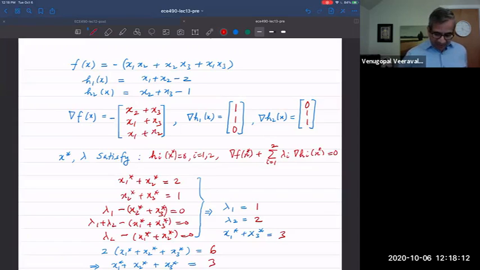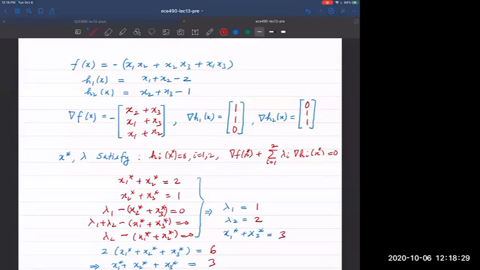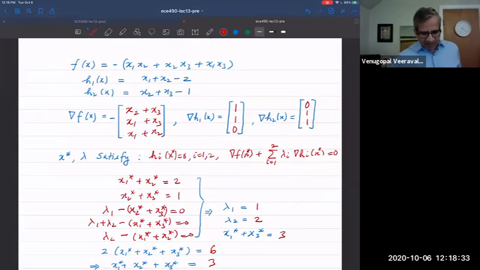Let me work something out, and maybe on Thursday we can talk about an example like that. We did look at a one-dimensional example in the previous lecture which had a property like that, but we want to look at it with constraints.